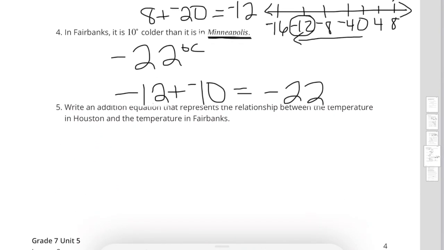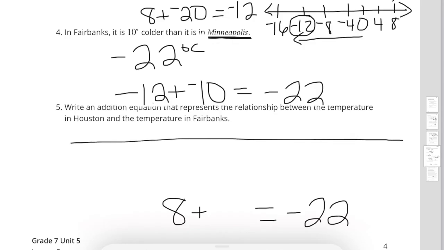Number 5, write an addition equation that represents the relationship between the temperature in Houston and the temperature in Fairbanks. So I know my temperature in Houston was positive 8, so 8 degrees. I don't know my amount of change, but I know the temperature in Fairbanks is negative 22 degrees. So you can think about number lines.